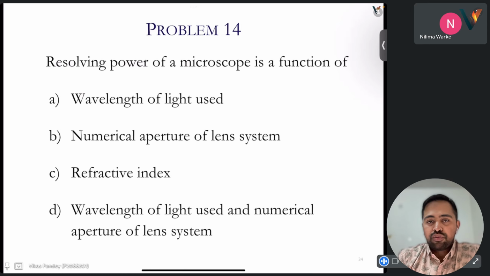Resolving power of a microscope is a function of the wavelength of light used, the numerical aperture of the lens system, the refractive index, or both wavelength of light used and numerical aperture of lens system. Which one of these?